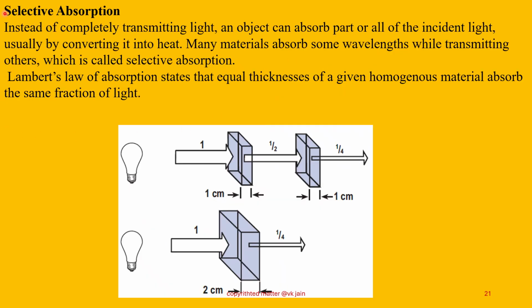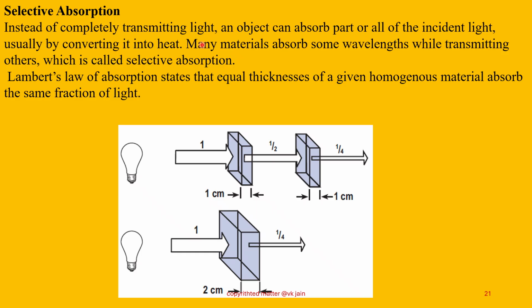Now let us take the case of selective absorption. Instead of completely transmitting light, an object can absorb part of or all light incident, usually by converting it into heat.